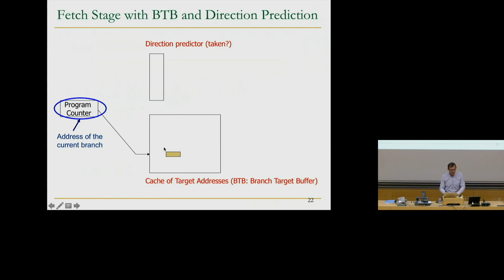If you hit in the branch target buffer, meaning the branch target buffer says, oh, I have a target for you for this program counter because the last time the machine executed the instruction at this program counter, it calculated a target address, and we wrote the target address into this particular memory structure. You get the target address from here. And you also get a signal saying, okay, I have a target address for you for this program counter.